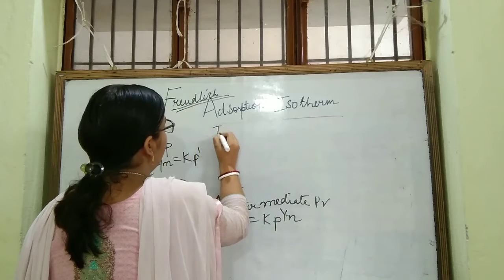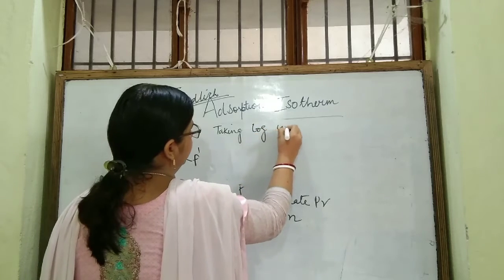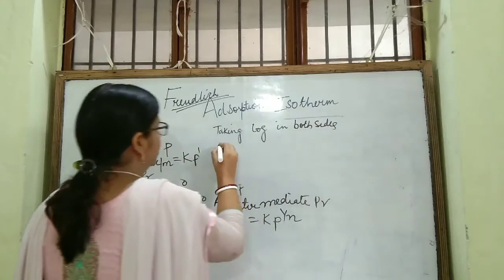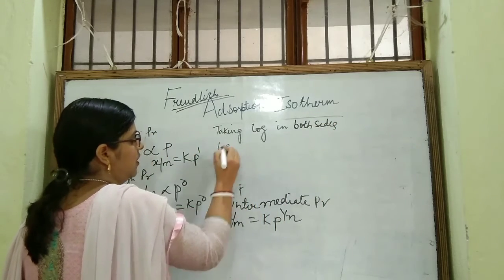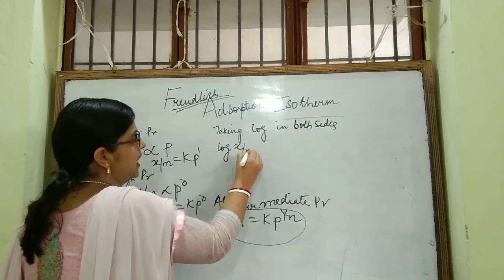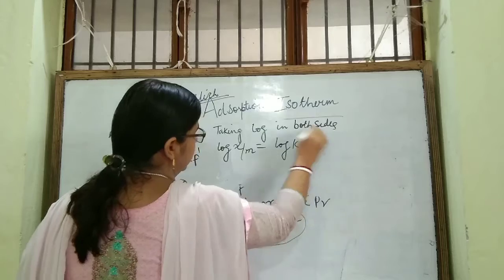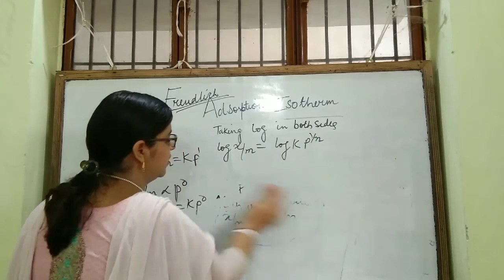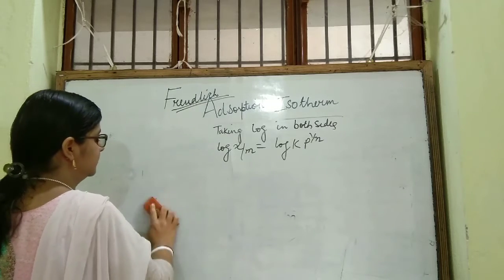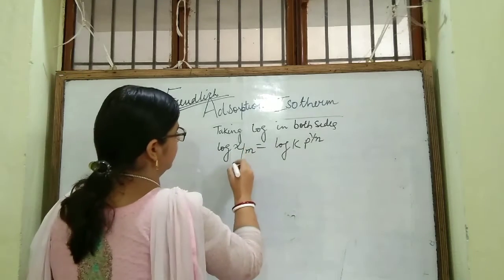Now taking log on both sides, what will it be? Log x by m is equal to log K P to the power 1 by n.